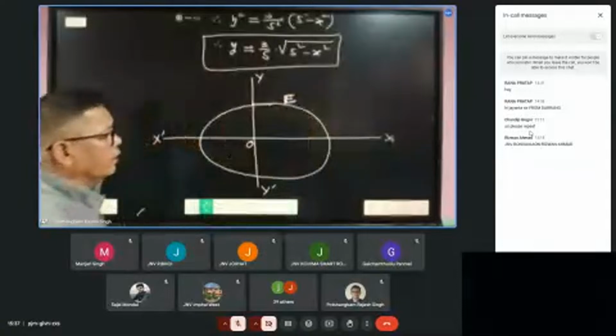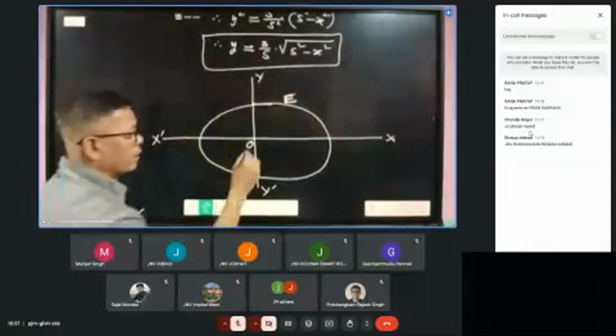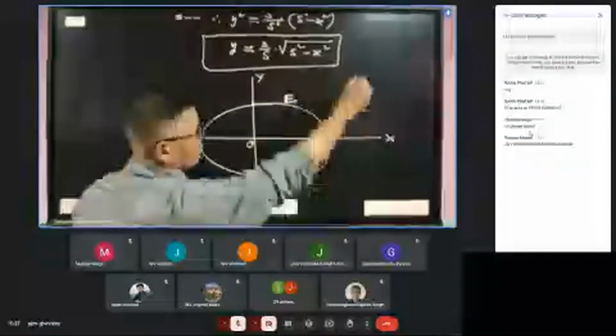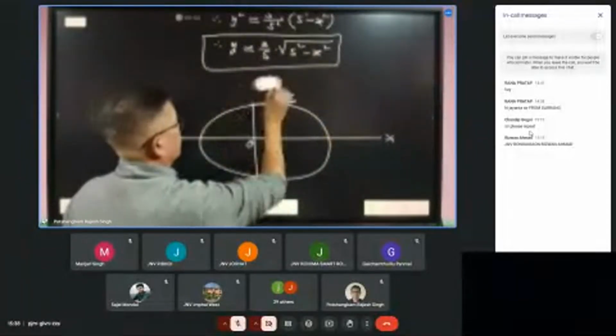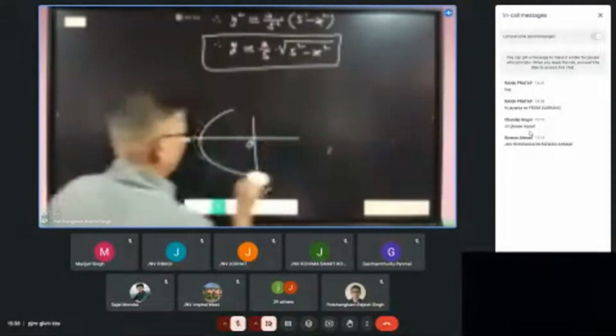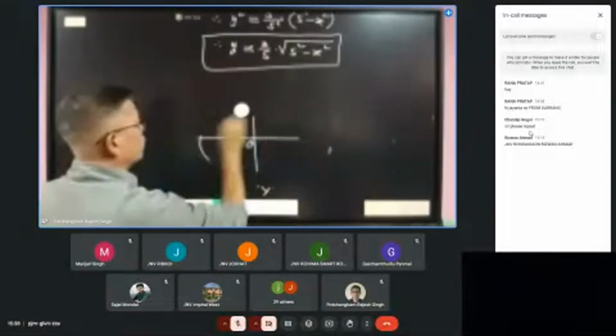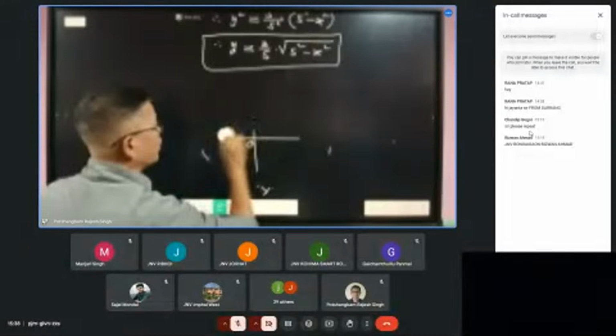And you can mark here. Just a minute. Ellipse can be drawn also.